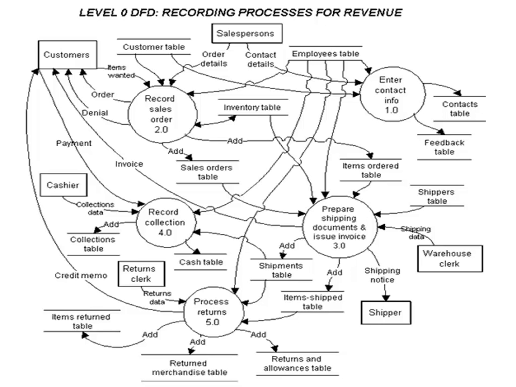Then some events are connected. For example, you record a sales order. Then it is used for shipping, and then information about shipping is used for returns and collections. Okay.